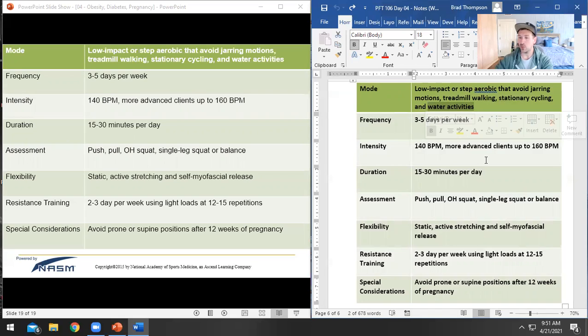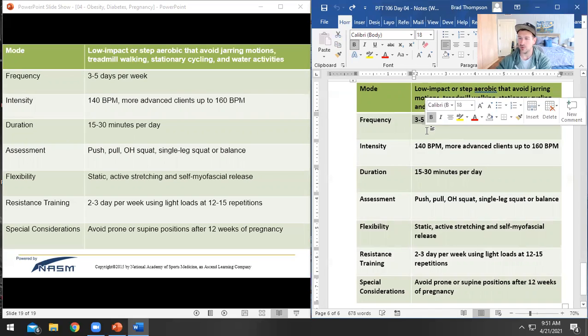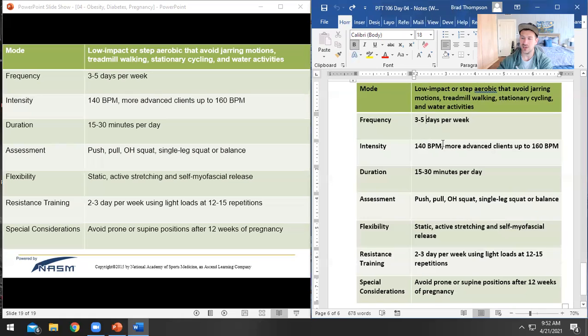Frequency is 3 to 5 days per week, pretty standard stuff there. Really seeing no difference there between your average everyday client. Intensity, you'll notice here we're actually going beats per minute in terms of heart rate. That is because we are sort of under the assumption that pregnant clients are between the ages of probably somewhere in their 20s up until maybe early 40s, right?